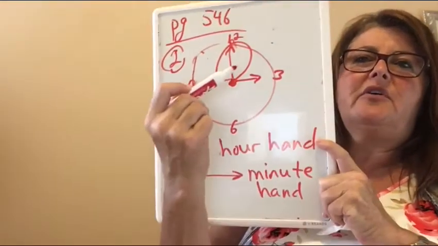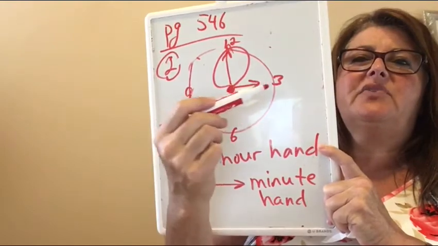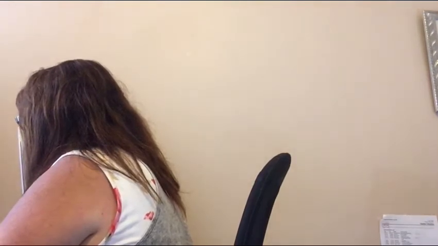This is the minute hand. This is the hour hand. This clock says 3 o'clock.